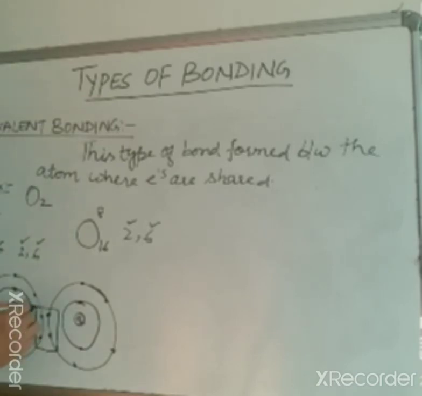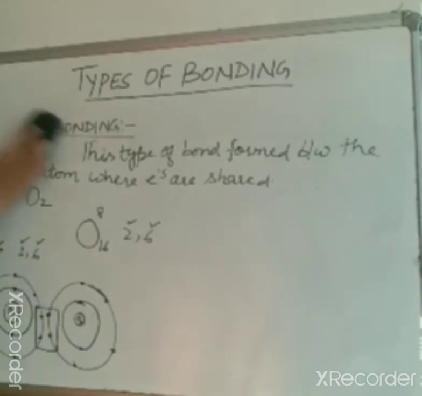When they will share, as it is a sharing, the movement of electrons sometimes is more in this oxygen number 1 and sometimes in another oxygen, and it will move. So because of this it is a little bit weaker bond as compared to the ionic bond.